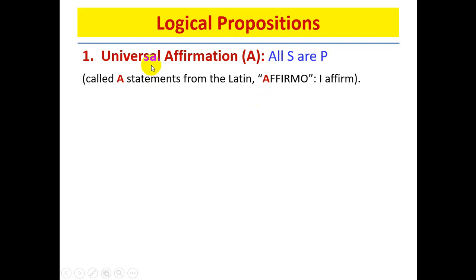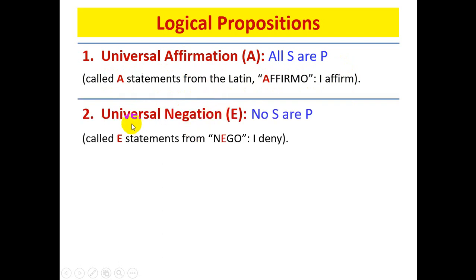And this proposition is called A-type. Why? This is derived from the Latin word affirmo. Affirmo means I affirm, because it is affirmation. The next class is the universal negation.